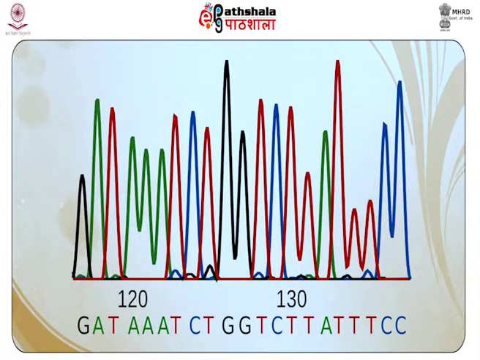DNA sequencing is the process of determining the precise order of nucleotides within a DNA molecule. It includes any method or technology that is used to determine the order of the four bases, that is adenine, guanine, cytosine, and thymine, in a strand of DNA.